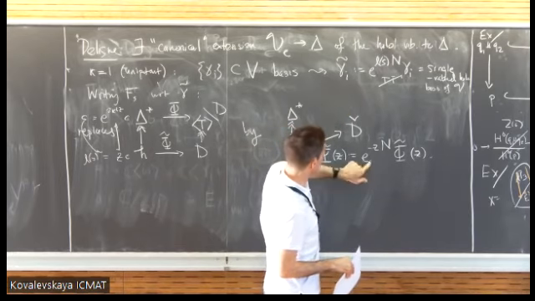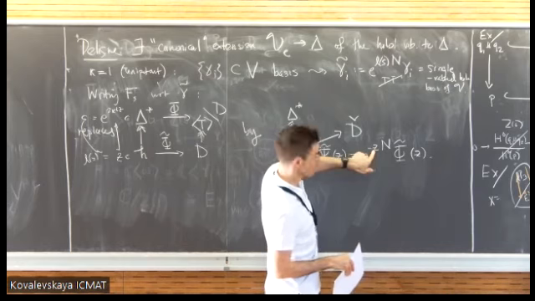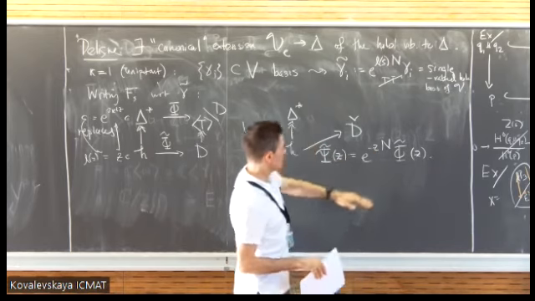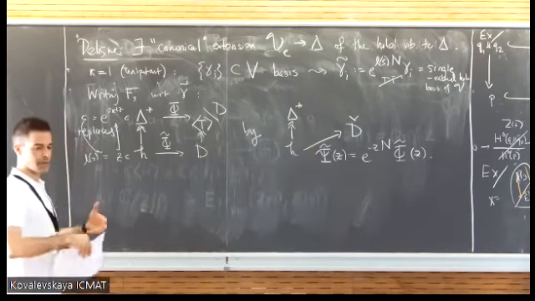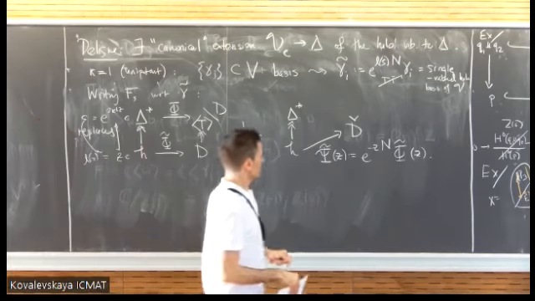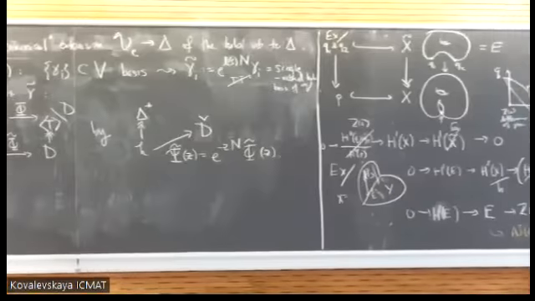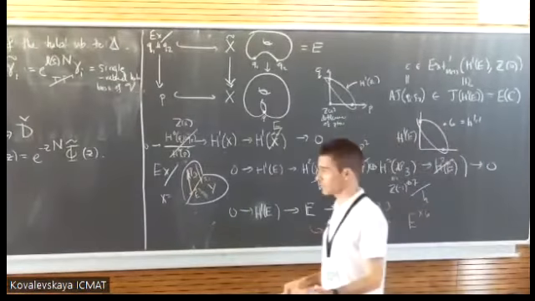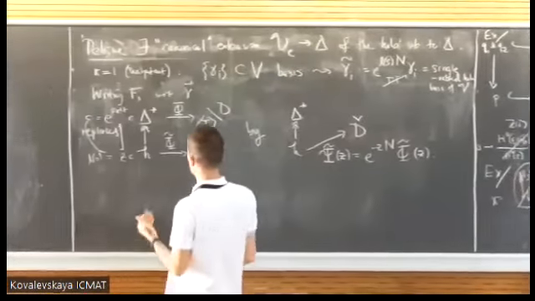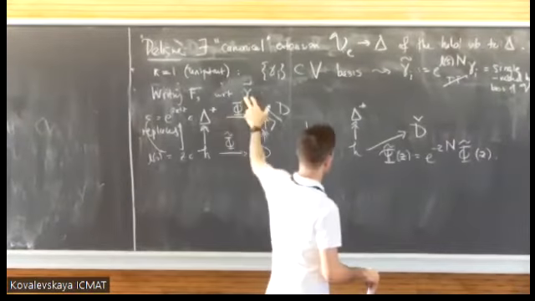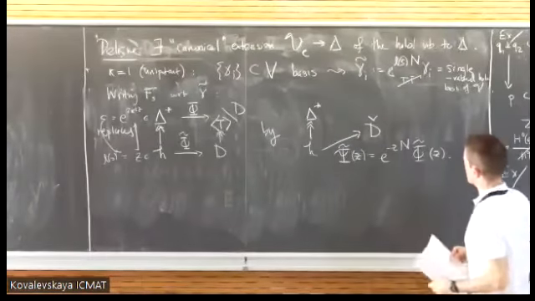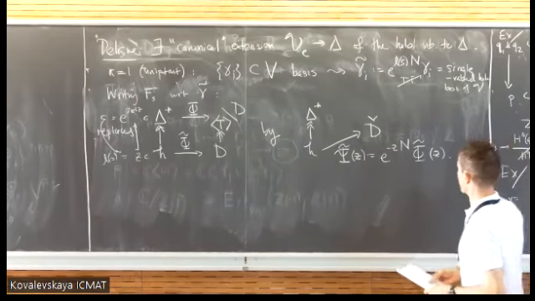Okay, that costs me an e to the minus L of S. And now this is going to look like a single valued family of matrices, right? Because now I'm expressing a single valued object with respect to a single valued object. I'm expressing a basis of the Hodge decomposition with respect to this single valued basis of the holomorphic vector bundle.